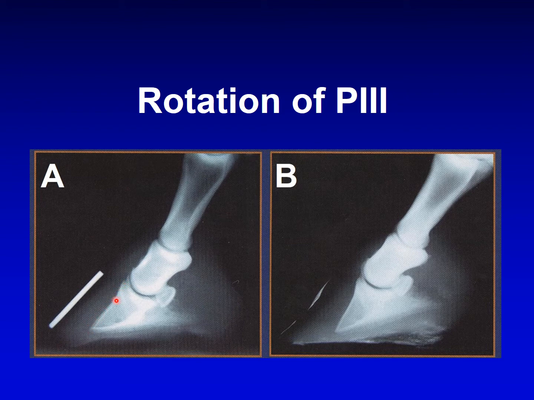In cases of rotation of P3, you can see that P3 is being pulled backward in the palmar direction and dorsal. Palmar and dorsal. If I can make it more clear, the P3, because of the pull, is coming all the way to that side.